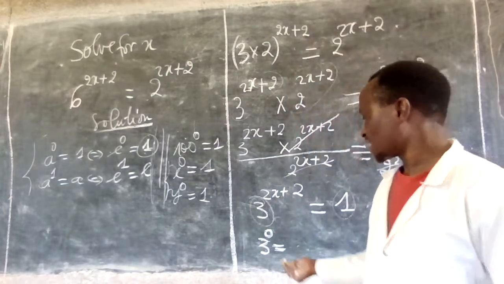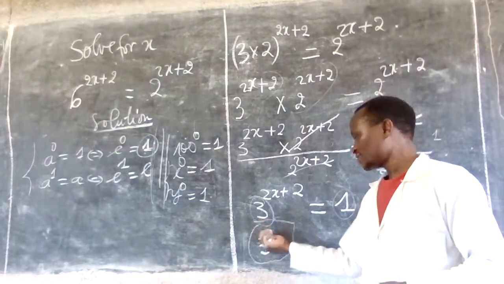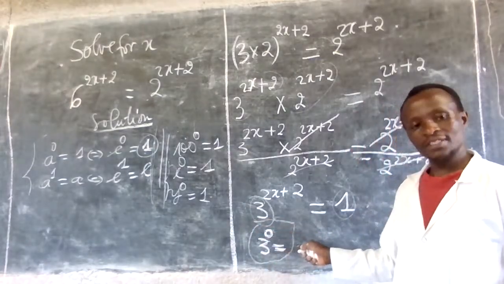I asked you, answer this question. 3 power 0, how is the answer?